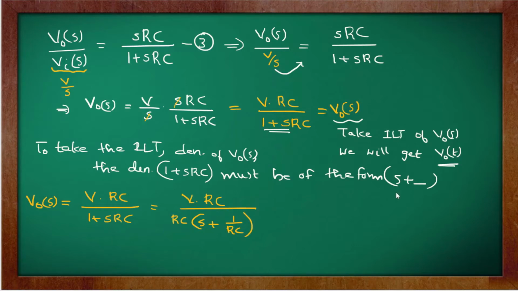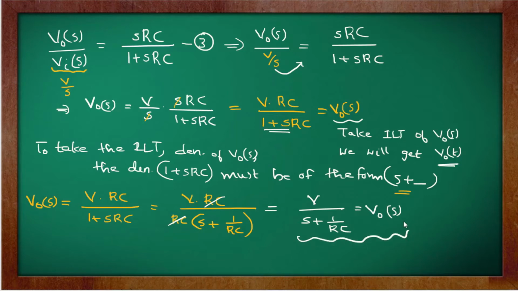So this is now of the form S plus something. And RC and RC will cancel. Once we cancel, what I am getting is V divided by S plus 1 by RC. So this is V naught of S.